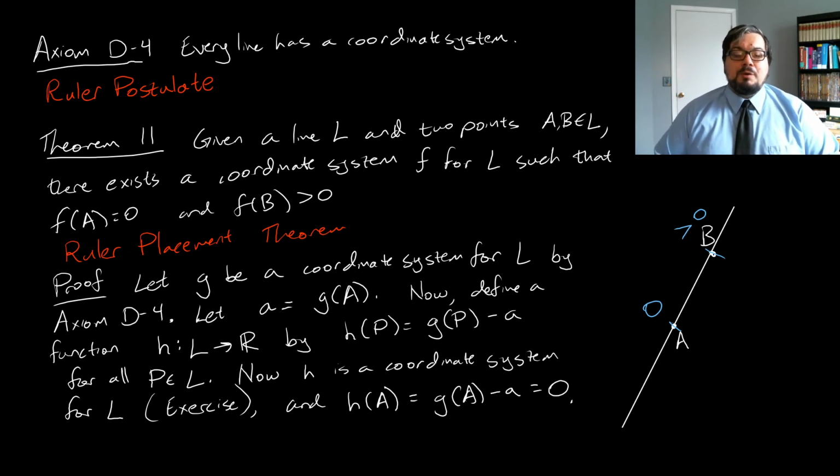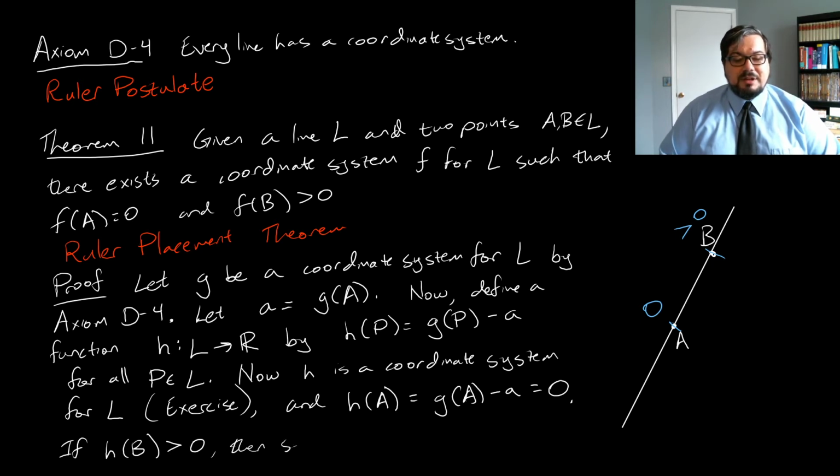So what we've come up with now is a coordinate system h, which has the property that when you evaluate at A, you get 0. If h of B is greater than 0, then we set f equal to h, and we're done.